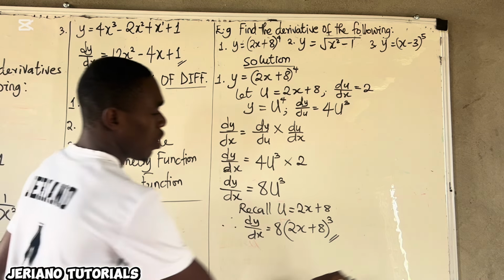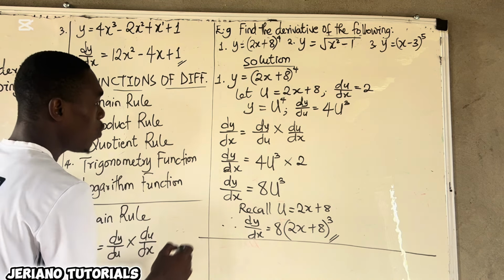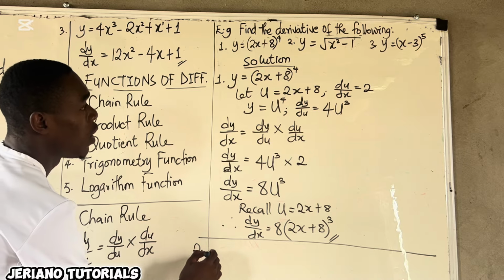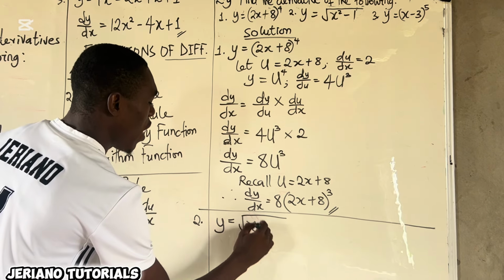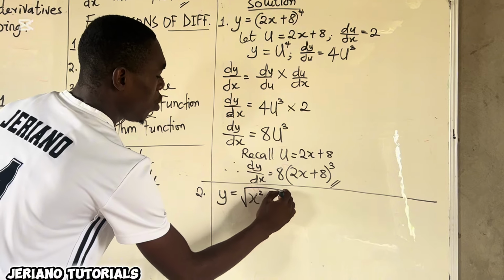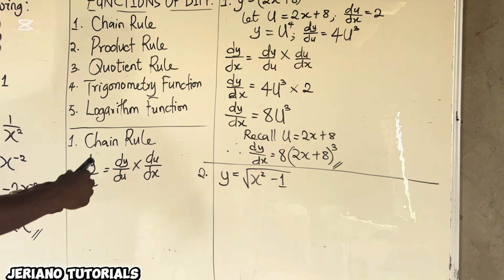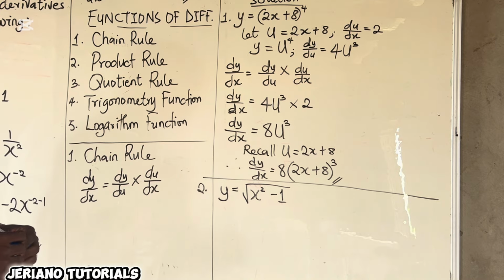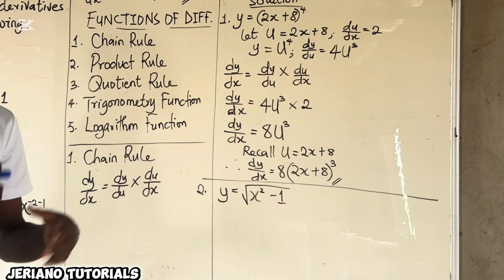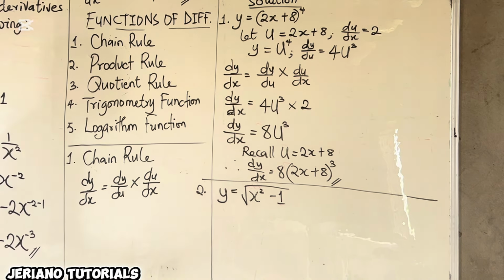Now let's pick question 2. For question 2, I'm having y equated to the square root of x squared minus 1. When you see something like this, it becomes difficult to solve. But that is why your law of indices is very, very important.